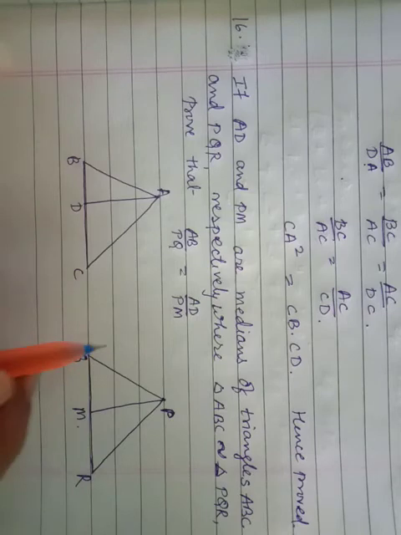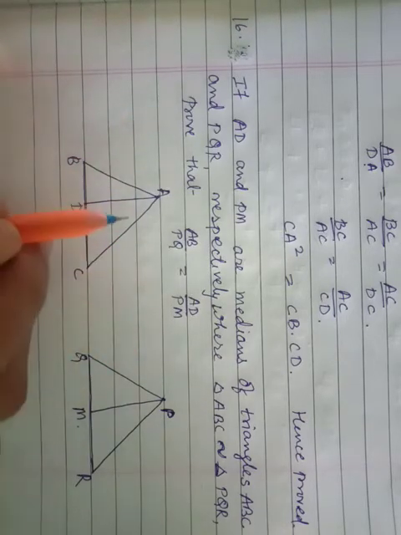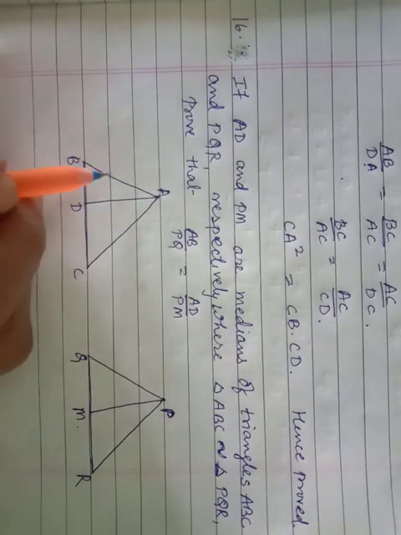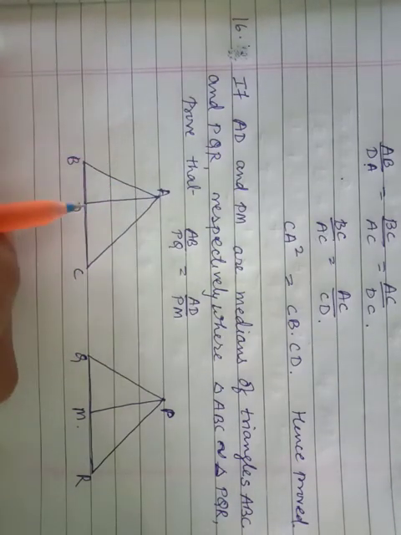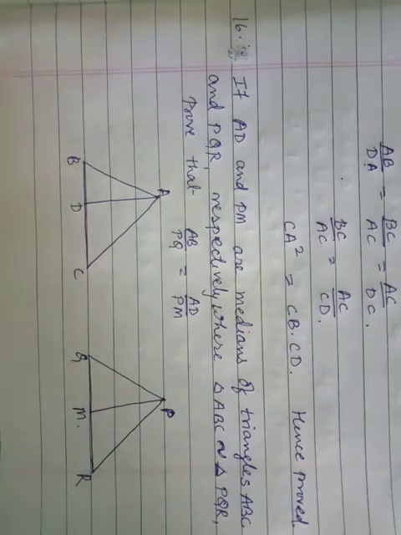This type of question we have done. Question 12 is similar to this question, but in that the ratio of median and two sides were given, and here only medians are given, and we have to prove that the corresponding sides are in proportion. So let us see how.